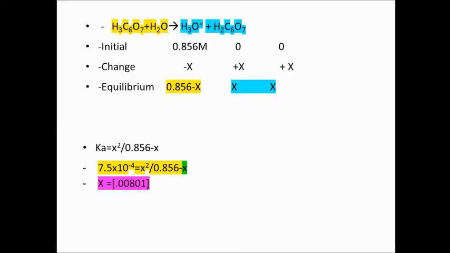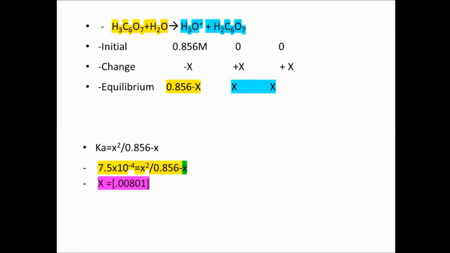And I hope you guys know how to solve for X. I'll briefly remind you in case you don't, but what you would want to do is cancel out the 0.856 on the right side to bring it up to the left side. To do that, you will multiply on both sides. And so we'll multiply 7.5 times 10 to the negative 4 times 0.856.